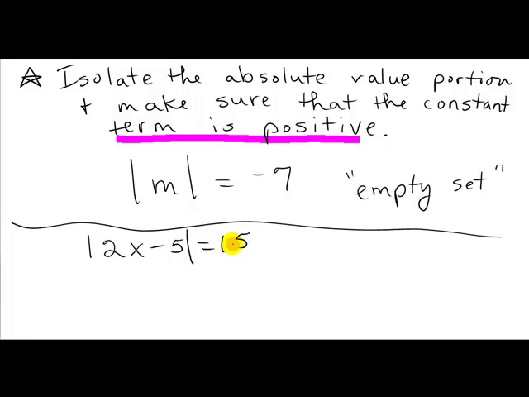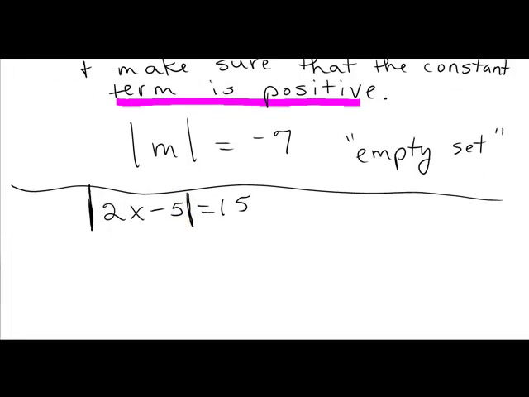Now here my absolute value, and make it nice and tall so we can tell that it's absolute value and not a 1. This is isolated, it's by itself. And so what we're going to do is this problem twice.